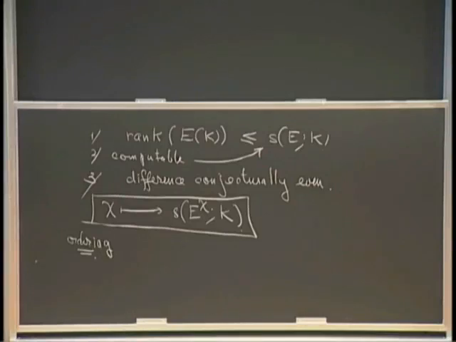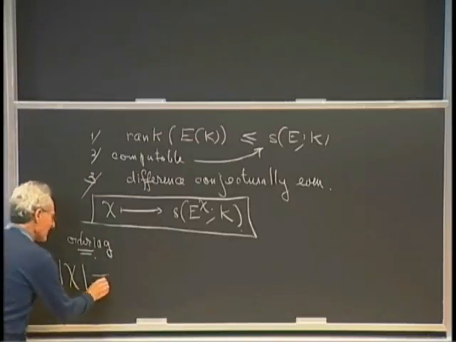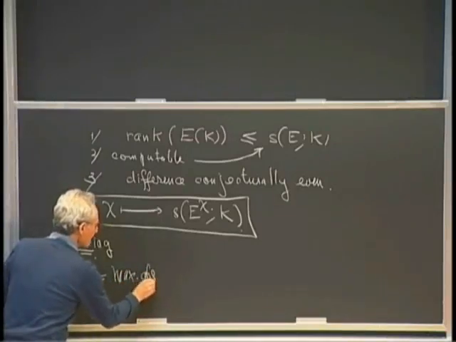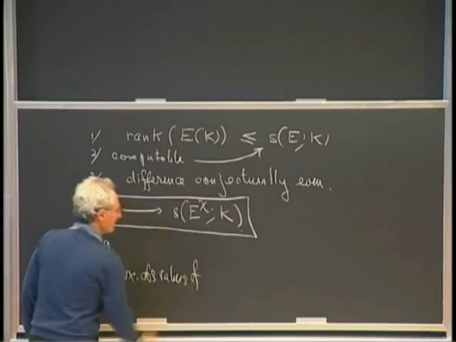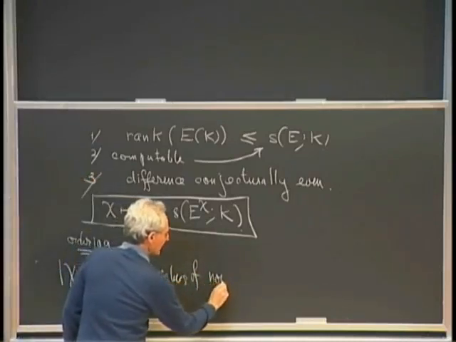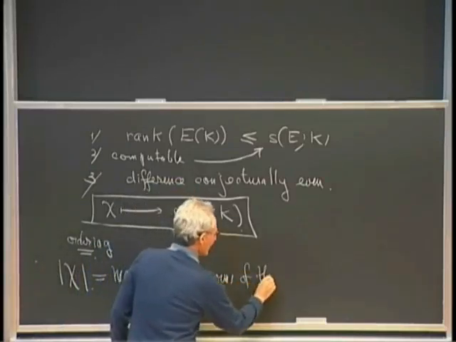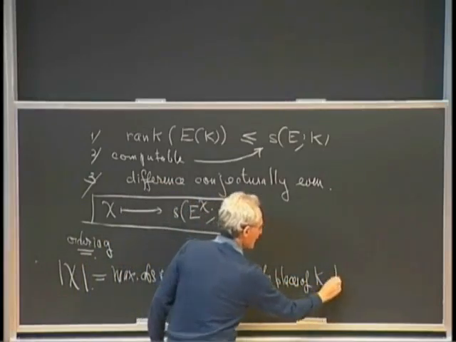So I'm going to start with a particular ordering of these characters. Namely, I'll define something I'll call the absolute value of chi. And the absolute value of chi is the max of the absolute values of the norms down to Q of the places of K dividing the conductor of chi.